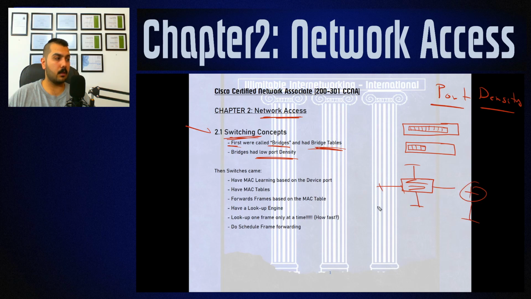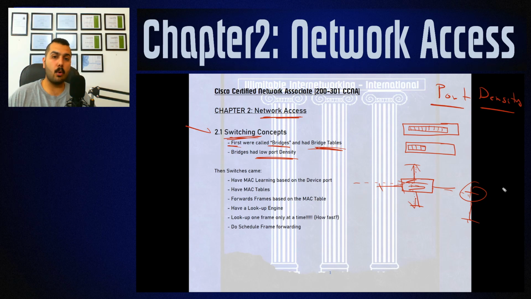Switching is all about receiving a frame, because it works in layer 2 of the OSI model, and then switching it to its required destination. So switches and bridges did the same thing and had the same concept of switching.